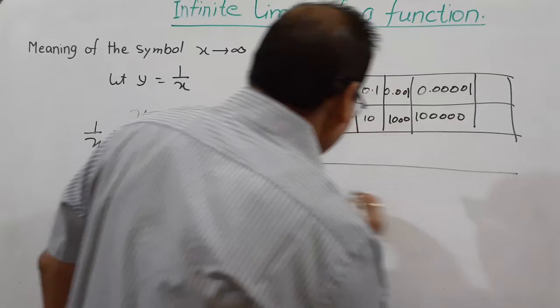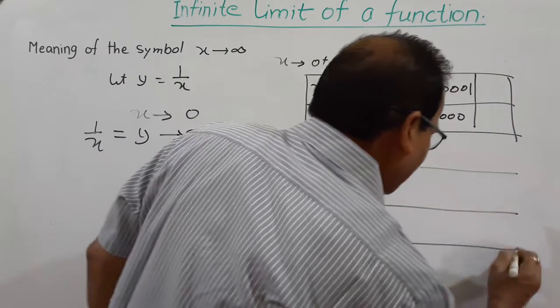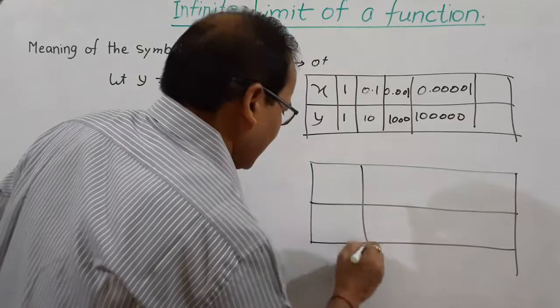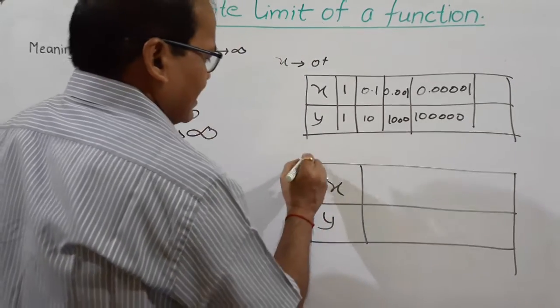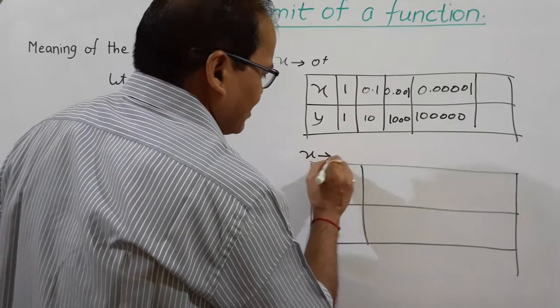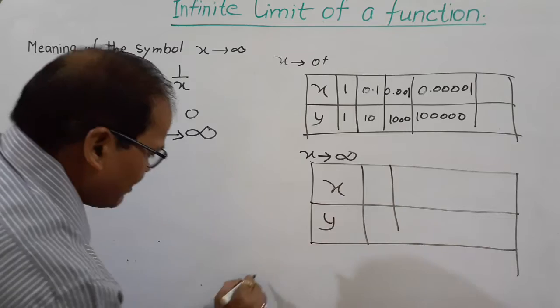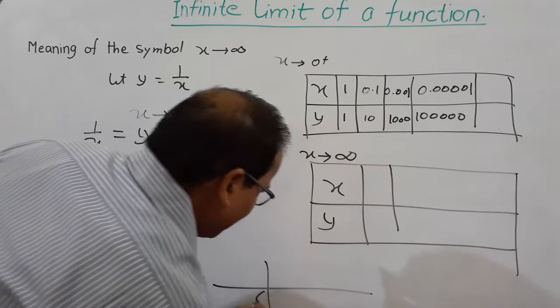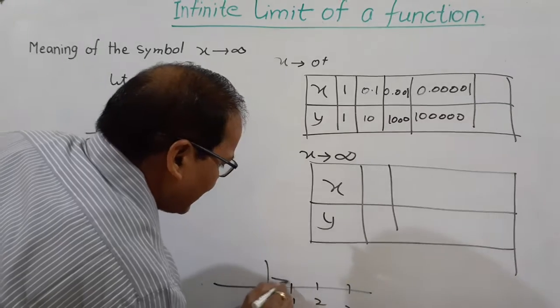Likewise, if you take another table, make it the same. Here is x and here is y. Y means 1 by x. Now x is approaching infinity. So for infinity we go in this direction: here is 0, 1, 2, 3. It is going like this.